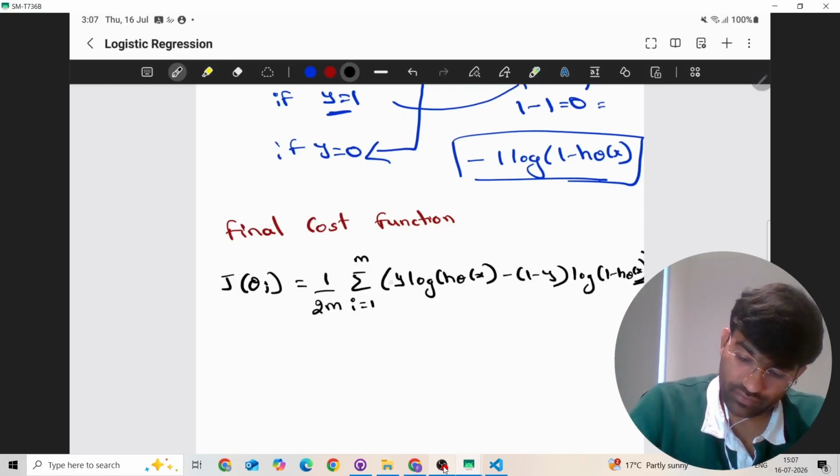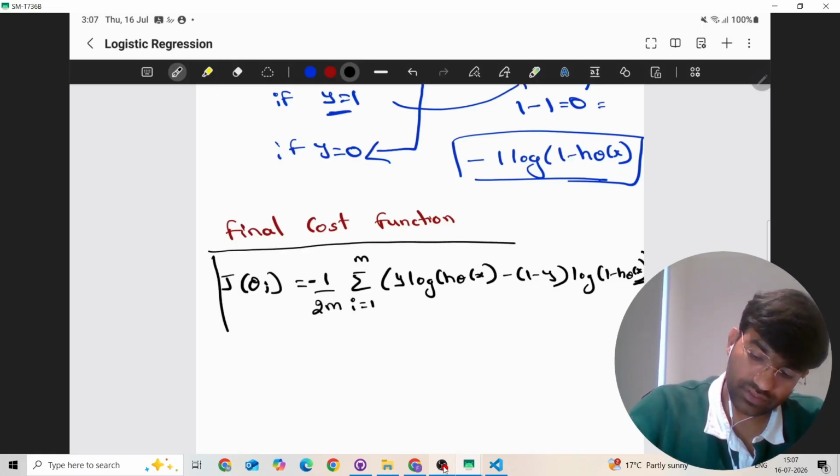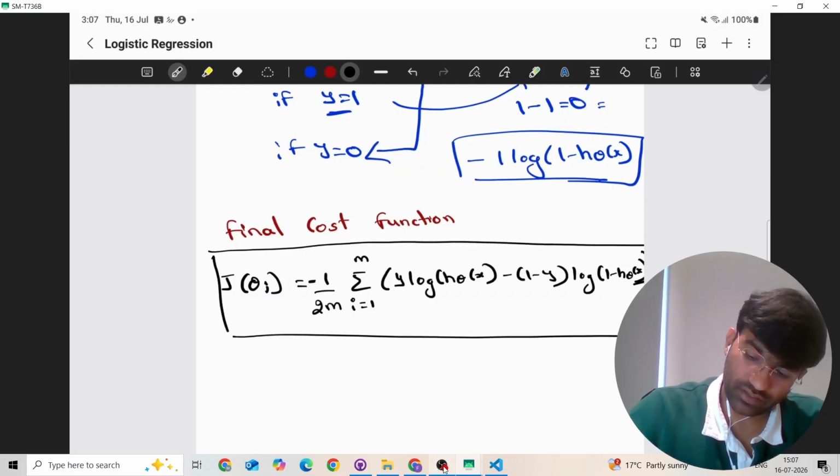Because I have not added the minus term here, I will add it here. So this is our final cost function.